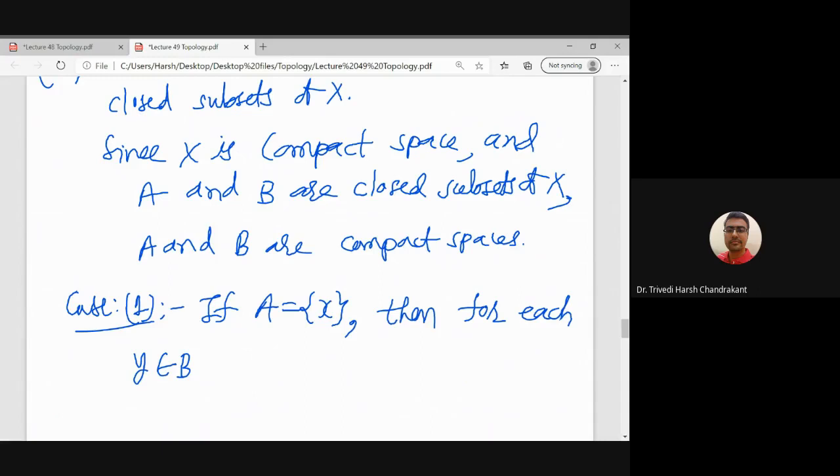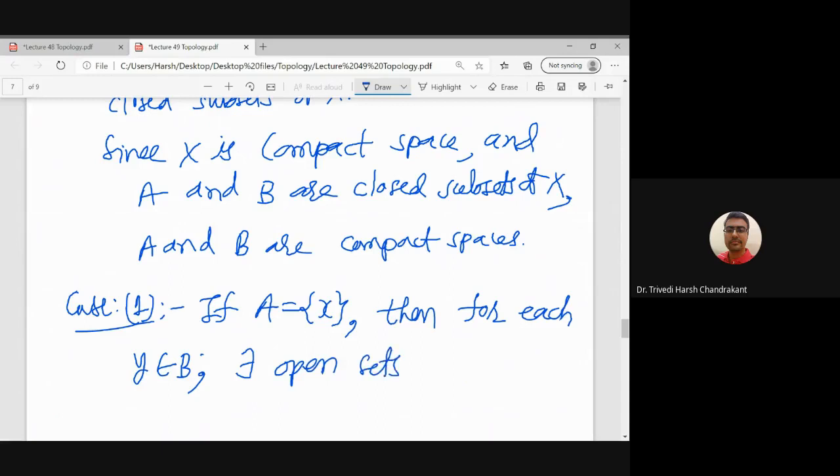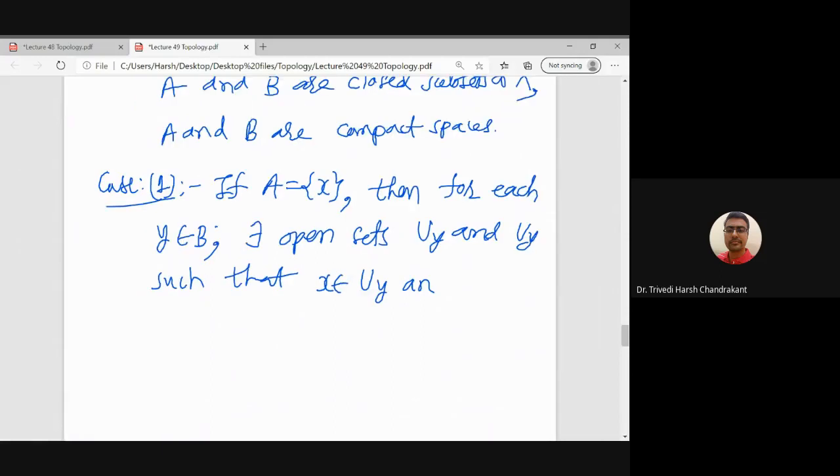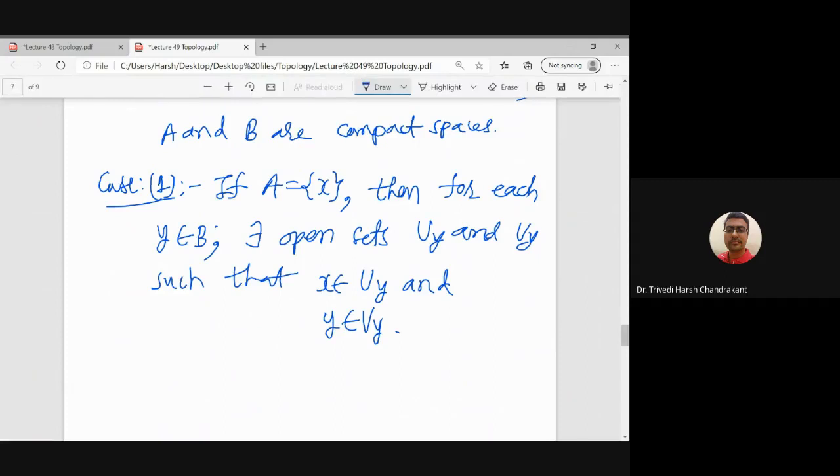Whenever we have a point Y in B, there exist open sets Uy and Vy so that X belongs to Uy and Y belongs to Vy.